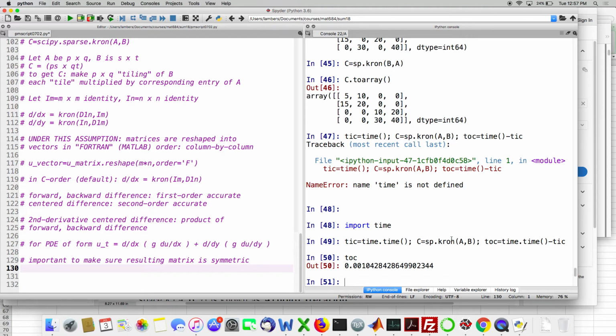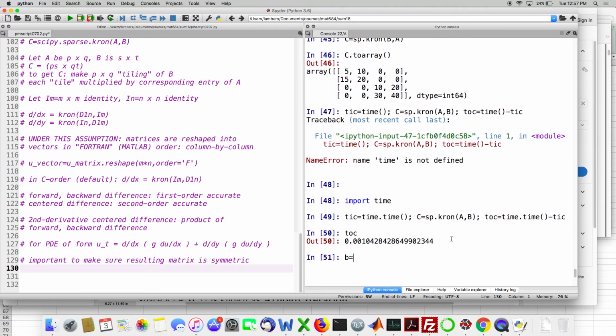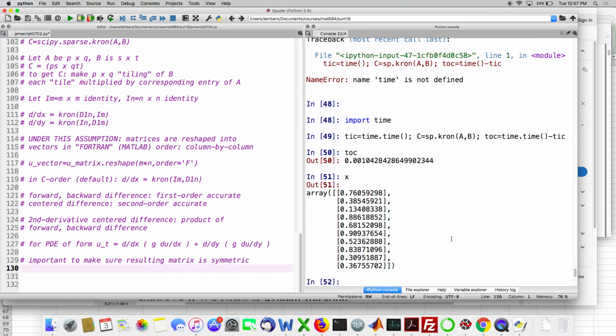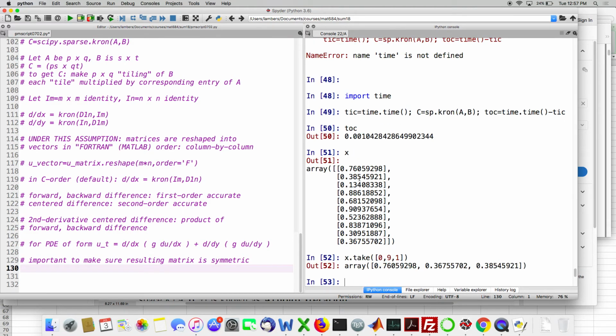Now take. Okay, I'll show you an example. I have this array here. What I want to do is x.take, and I pass some indices. Now my indices is a 10-element vector, so I can use any indices between 0 and 9. For example, this takes the first element, last element, second element.